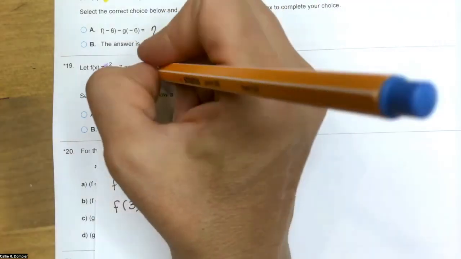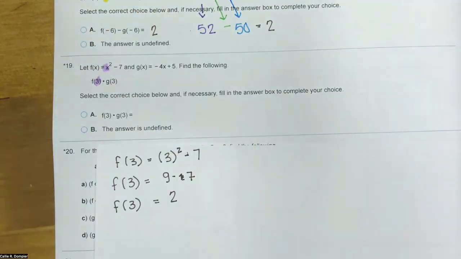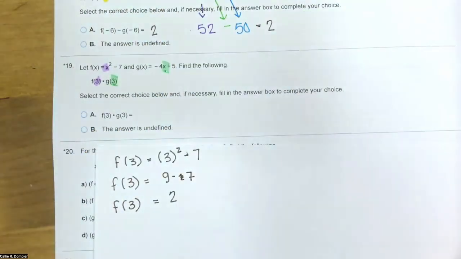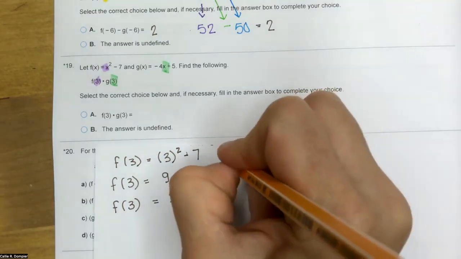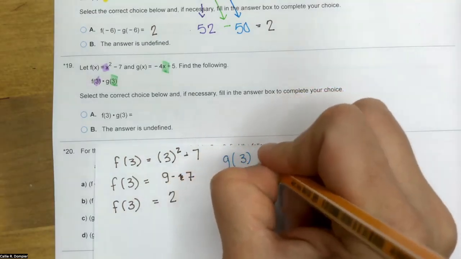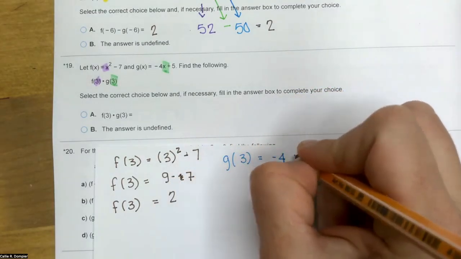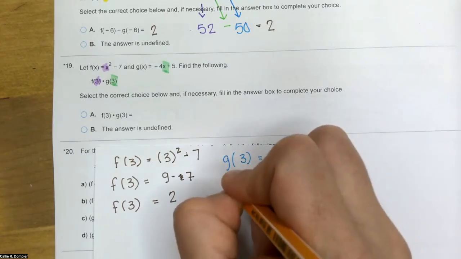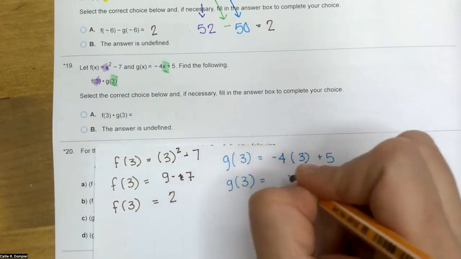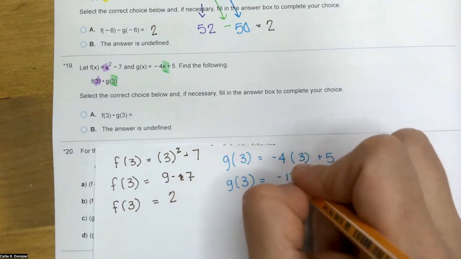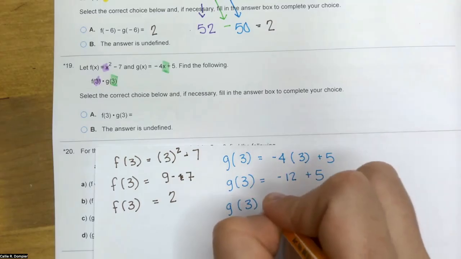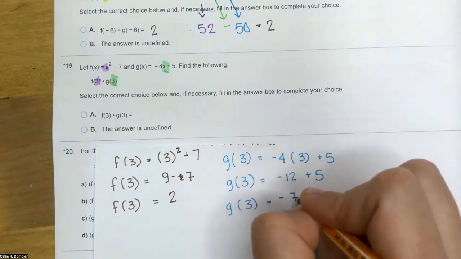G of x, I'm going to put in a 3 here. G of 3 is negative 4 times positive 3 plus 5. Negative 4 times positive 3 is negative 12 plus 5, negative 7.